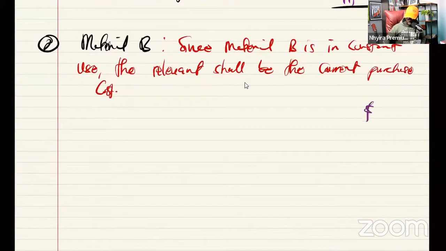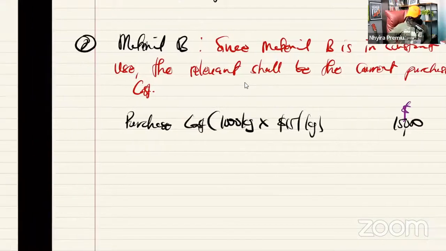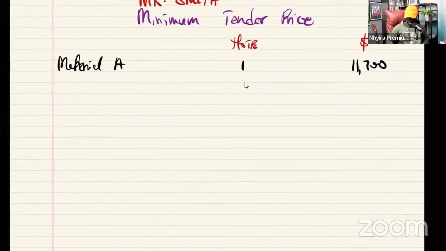So that our relevant cost will look like this, and that's 1,000 kilograms at $15 per kilogram. That's going to be 15,000. So for material B, our relevant cost is 15,000.